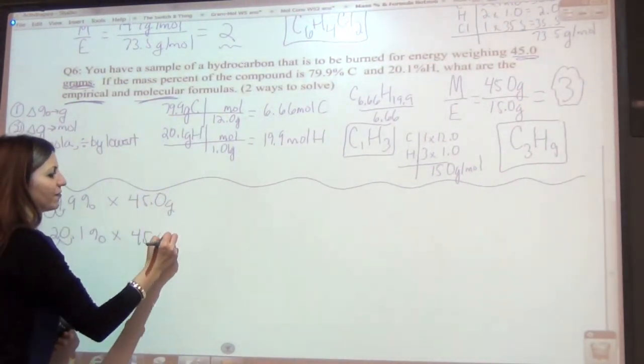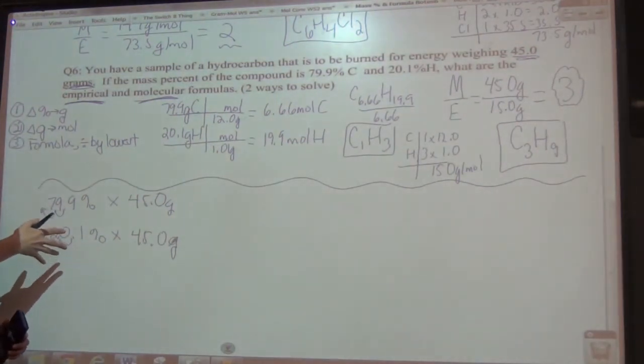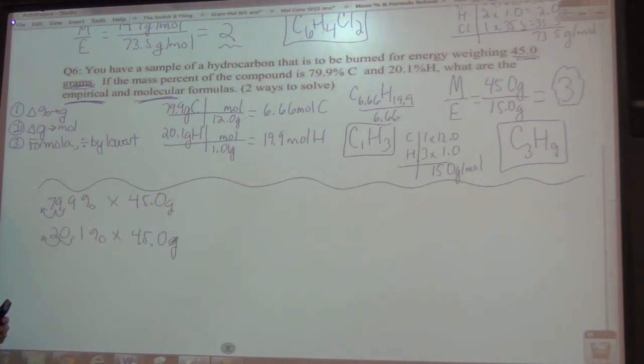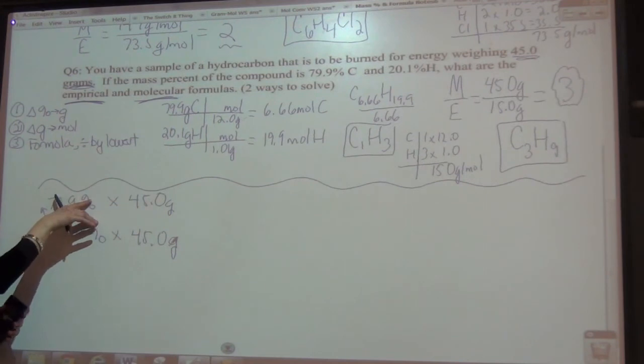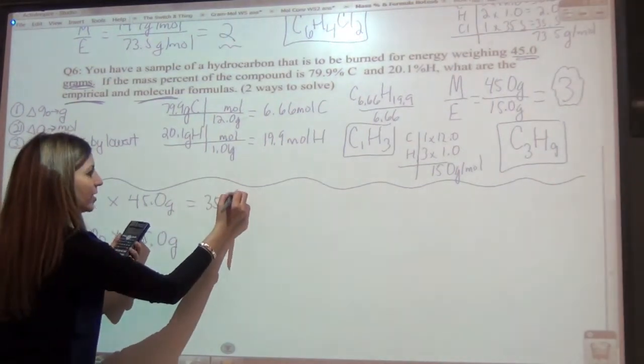Does percent have a unit? Is that like a unit? No. So in this case, when you multiply these together, what will your unit be? Grams. So in this case, it's really no units by grams. So we're going to get grams. So 0.799 times 45 gives me 35.955.